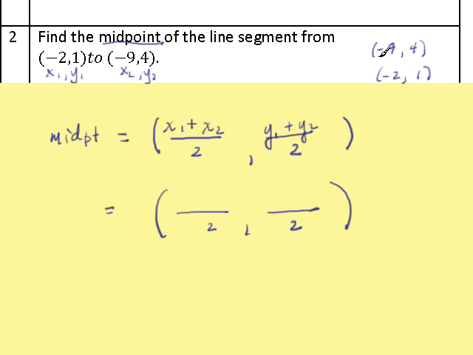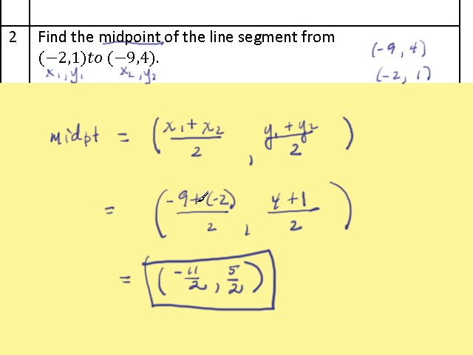And we'll sum the x's. That's minus 9 plus minus 2. And we'll sum the y's, 4 plus 1. So here we have minus 11 over 2, and here we have 5 over 2. And that's the point that's in between these 2 points, mid-distance in between those 2 points.